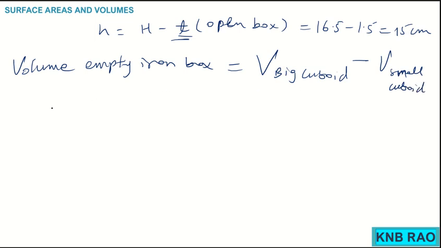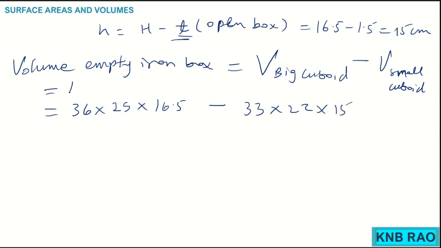That means here 36 into 25 into 16.5 minus 33 into 22 into 15. Why? Because the volume of the big one is capital L into B into capital H, minus the volume of the small cuboid, which is small l into small b into small h. That is how it comes.